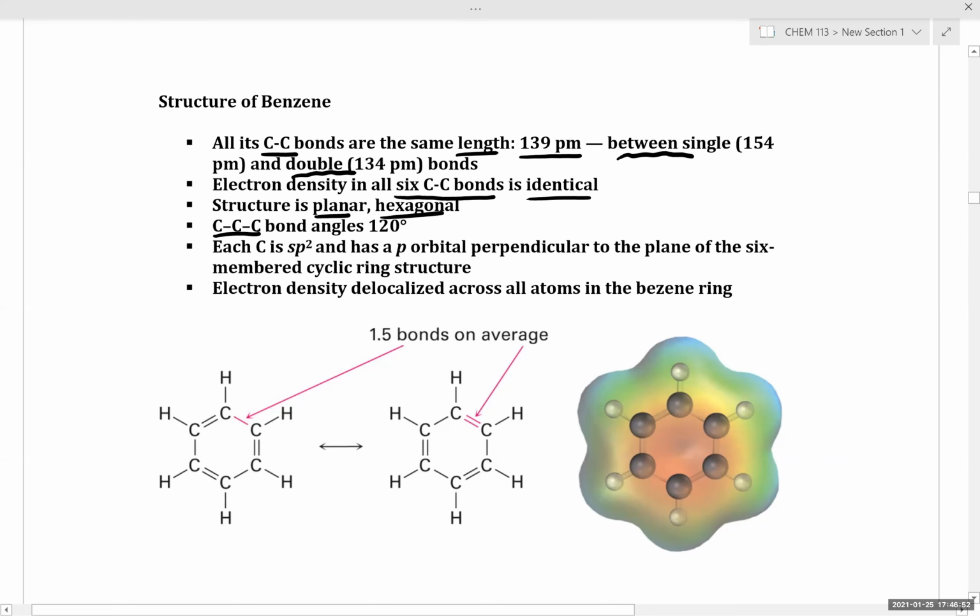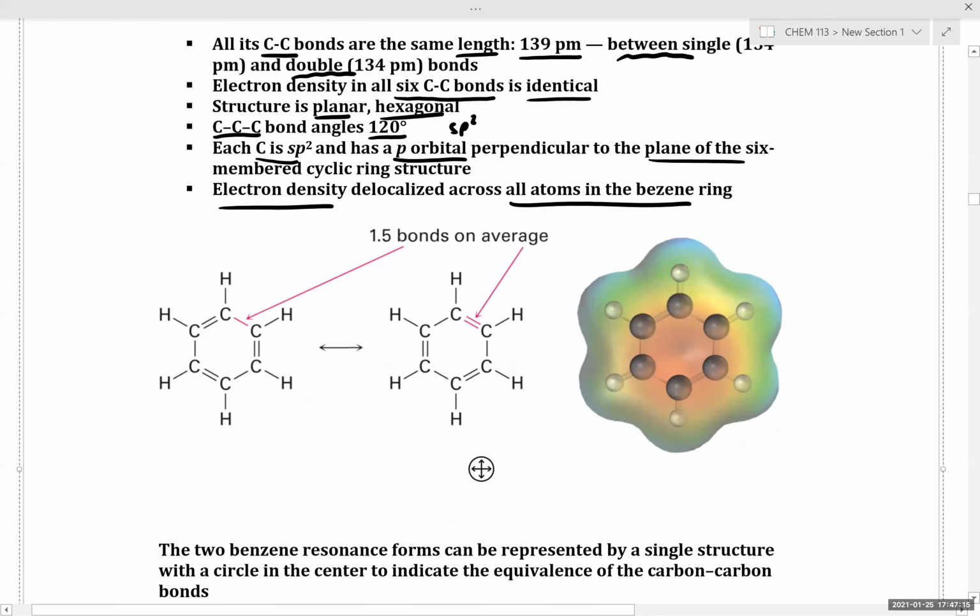The carbon-carbon bond angles are 120 degrees, matching that of sp2 hybridization.